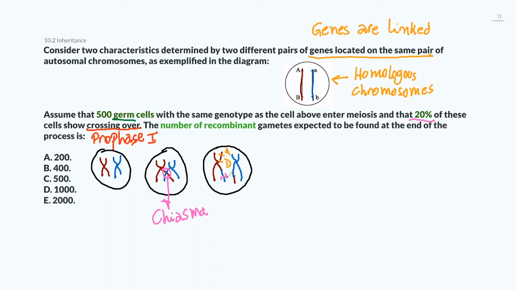But locus B here was involved in the crossing over. It doesn't mean that loci that are very close to each other never undergo crossing over. It just means that the chance of a chiasma being formed between very close loci is much smaller than between two loci that are far apart.